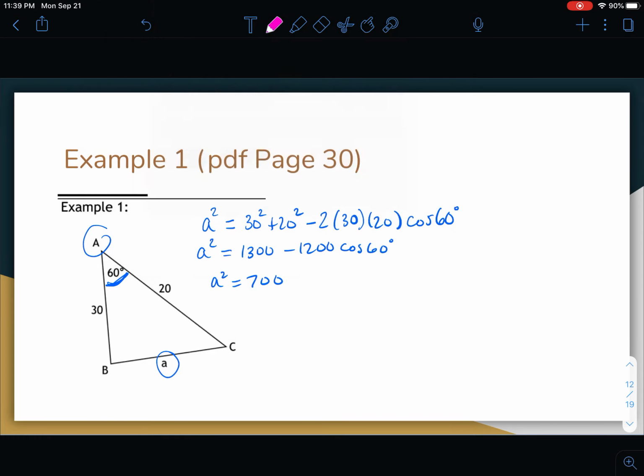And in order to get a, I would have to take the square root of both sides. When I do that, I get a is about equal to plus or minus 26.458. Now, of course, if a is a side, it will be only the positive as our final answer. But algebraically, there are two answers. Okay, now I have side A.